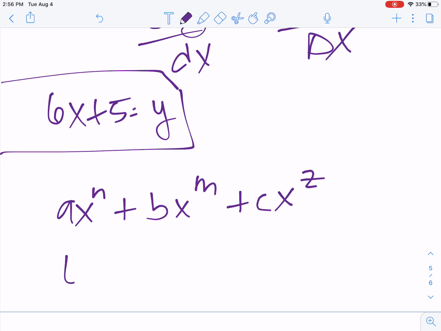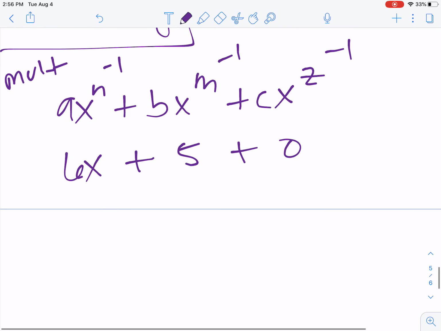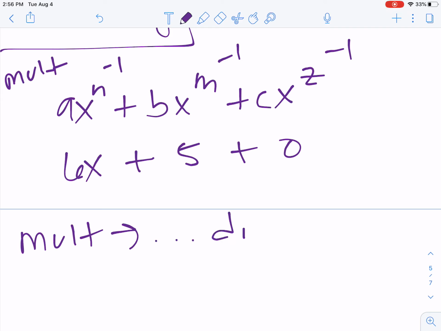When we got done, we had 6x plus 5 plus 0. We know that we were subtracting 1 each time, and we know that we were multiplying. Well, think about if we're going backwards. The opposite of multiplication is, dun dun dun, division. The opposite of subtraction is addition.